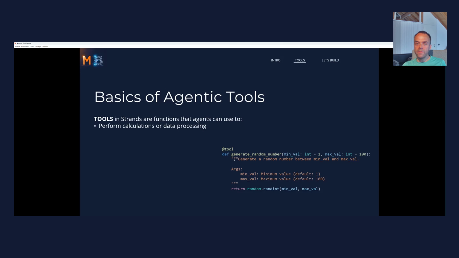Now, these are very basic functions, but you can also access external APIs or services. In the next video, we are going to build an agent that can Google. So this is a very powerful API. It can ask for information from Google and then return the result. That's obviously a much more powerful tool than just generating random numbers, but it serves as an example here.